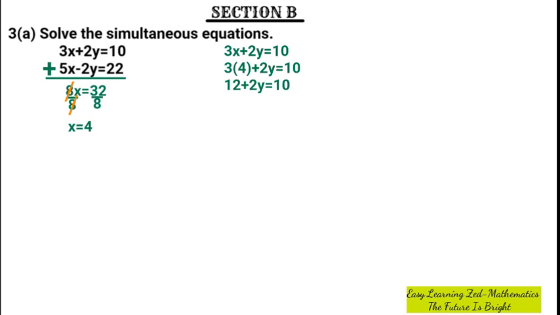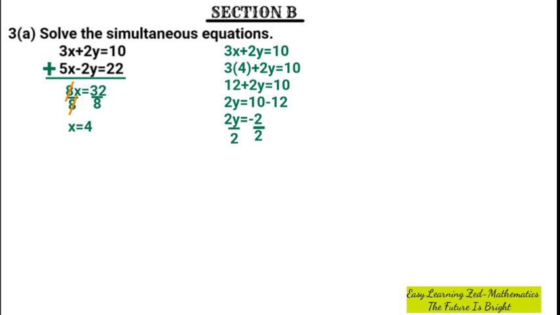Then I'm going to put like terms together, so I'm going to have 2y is equal to 10 minus 12, which gives me negative 2. At this stage, I'm going to divide both sides by 2 because I want to remain with y on one side of the equal sign.